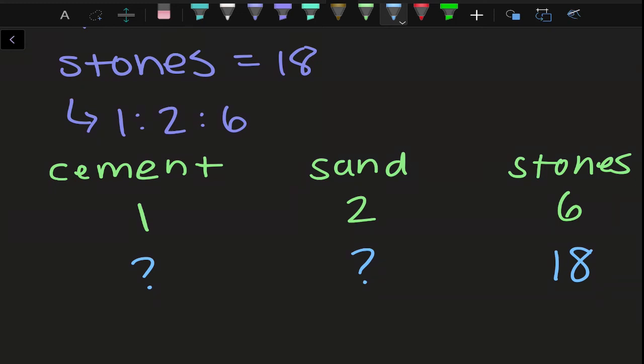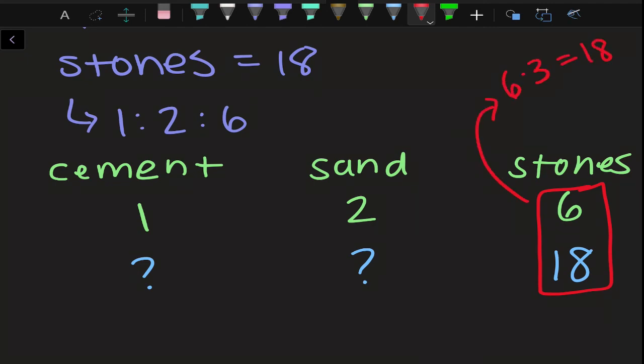So if we look at 6 and 18, we can realize that 6 times 3 is 18, which would mean that we would have to multiply sand by 3, and we'd have to multiply cement by 3.